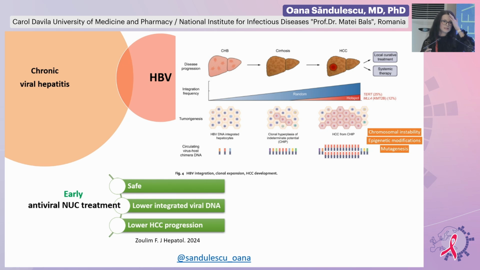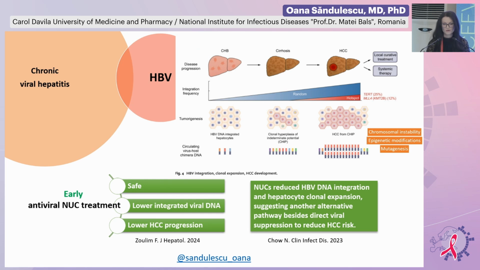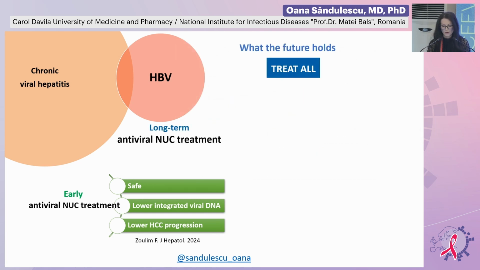And these events accumulate over time. So the earlier we start antiviral treatment with a nuke, the more we block the integration of viral material, and then the lower the risk of HCC progression. And again, there are multiple mechanisms behind early treatment slowing down or blocking the progression towards hepatocellular carcinoma.